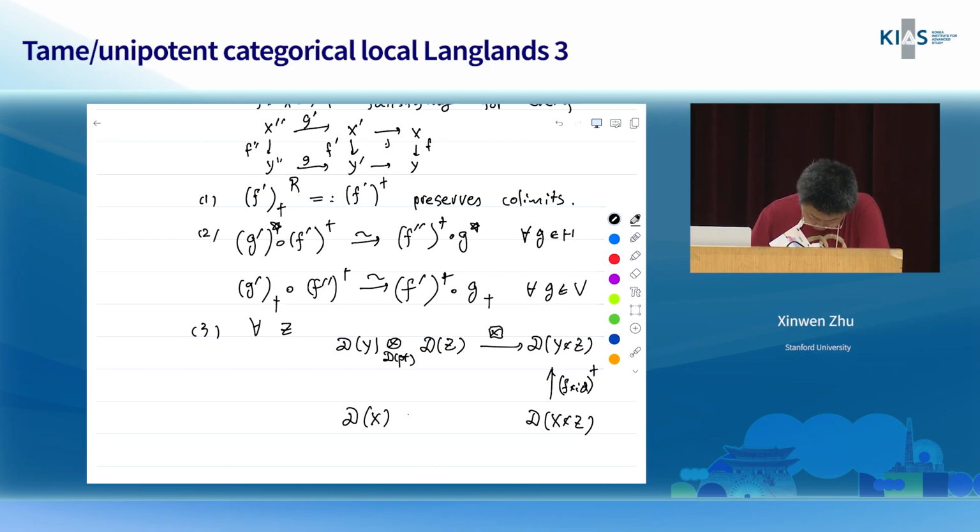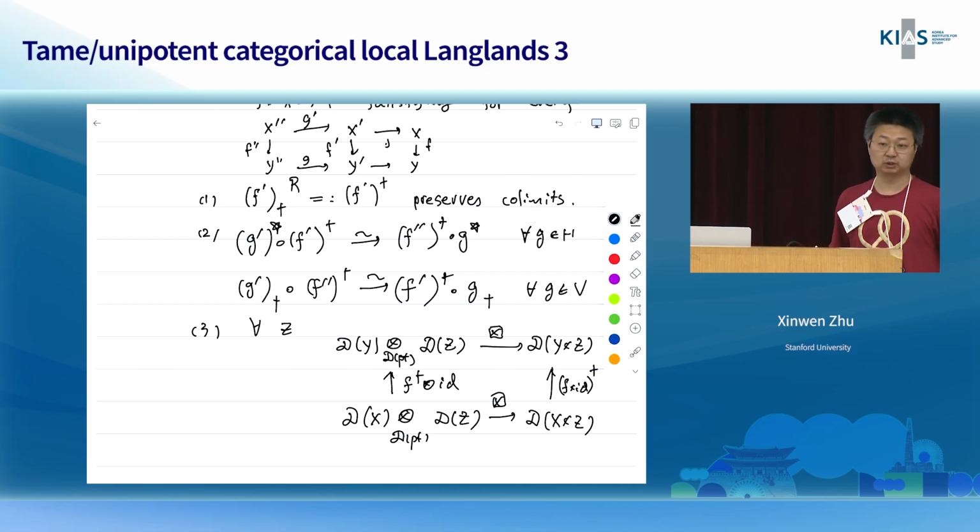Here I have D of X, upper dagger times tensor with identity. So I want this diagram to be commutative.